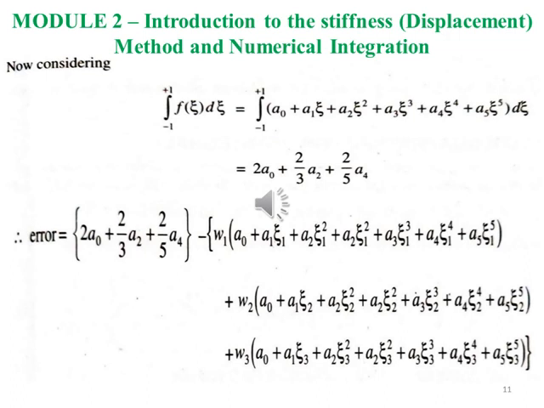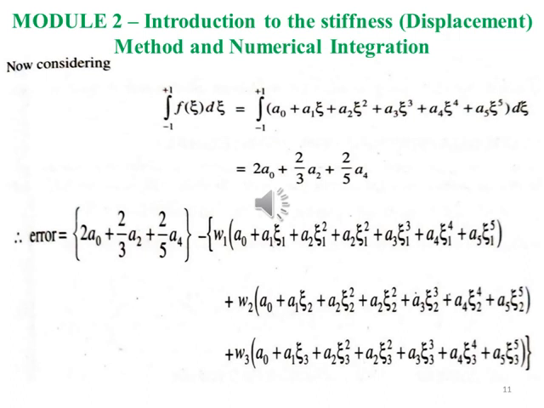So the function of z1 has been represented with the equation, that is a0 plus a1 z1 plus a2 z1 square plus a3 z1 cube plus a4 z1 power 4 plus a5 z1 power 5.